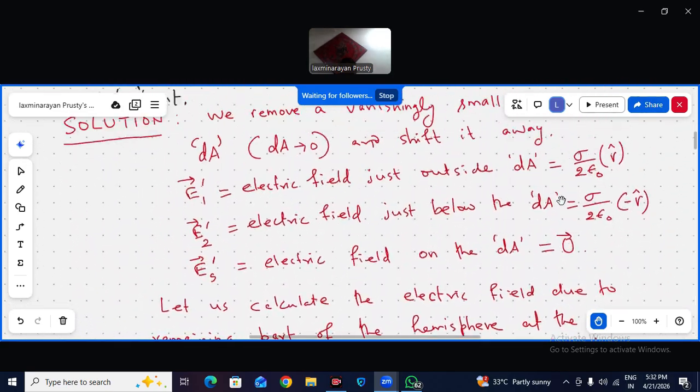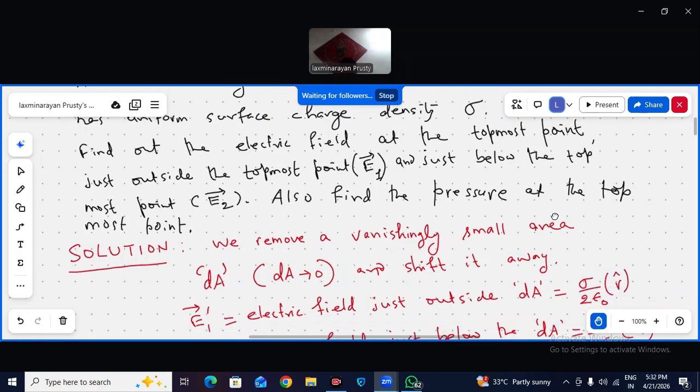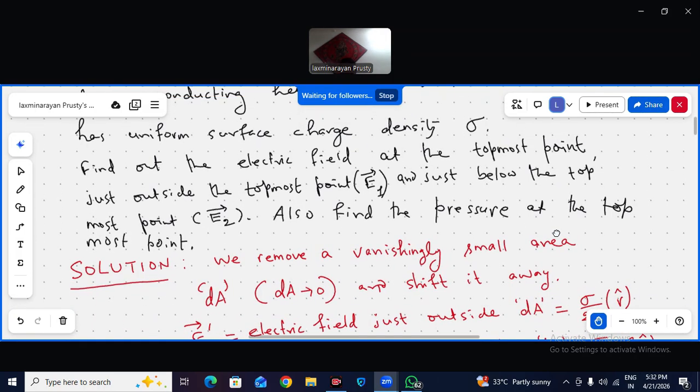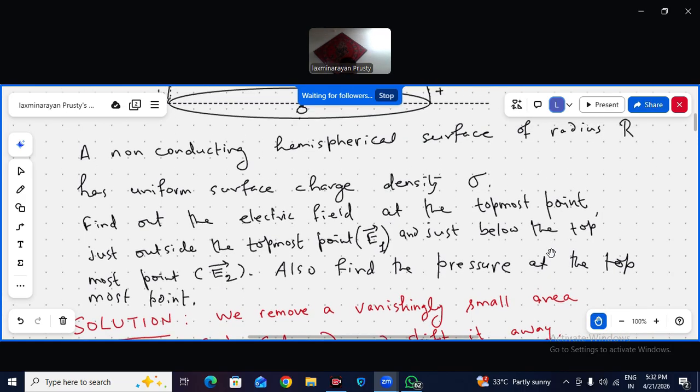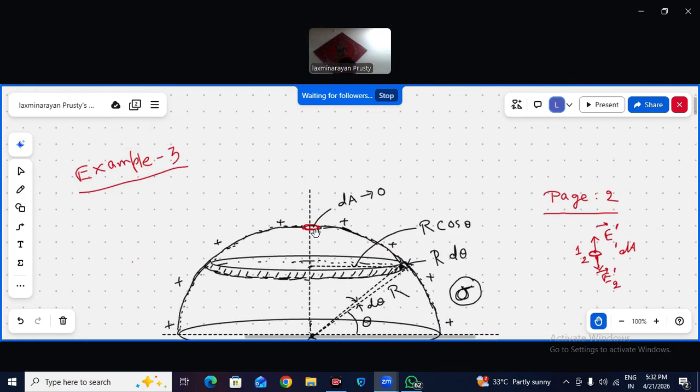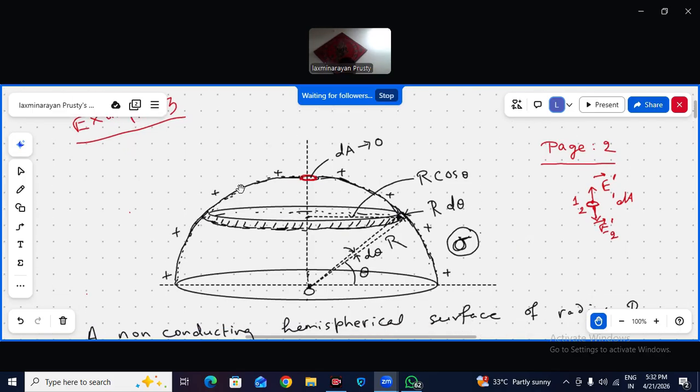And also find the electrostatic pressure at the topmost point. So the electrostatic field at the topmost point: just outside, just inside, on the surface. Find the electric field at all three places, because there is a chance of discontinuity, because this is a single surface having charge distribution, charge density.